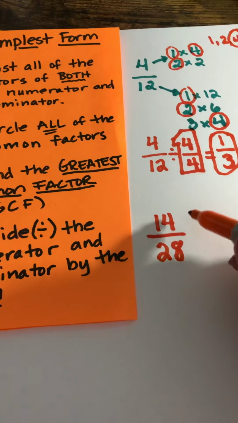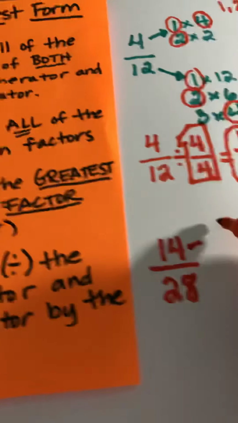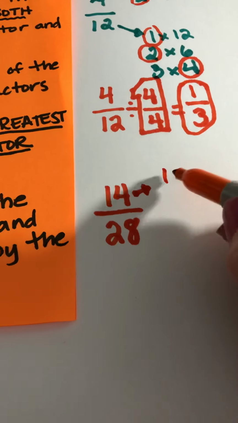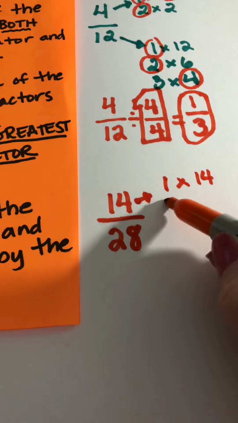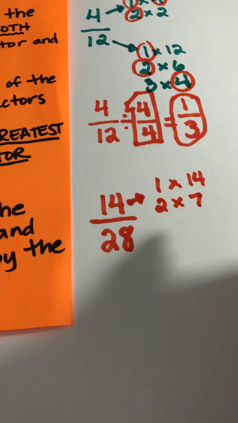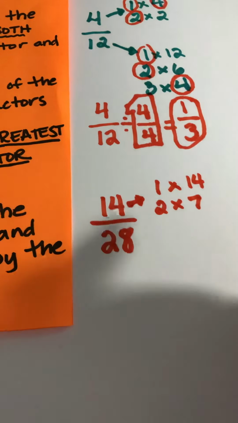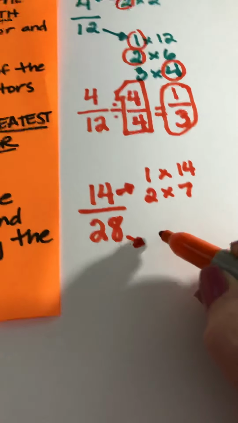All right. So factors of 14, we start with list all of the factors. And on 14, it's kind of a weird number, but we know 1 times 14. I know 2 times 7. Anybody got anything else for me? I don't think so. When I do 28, this one might have a little more.